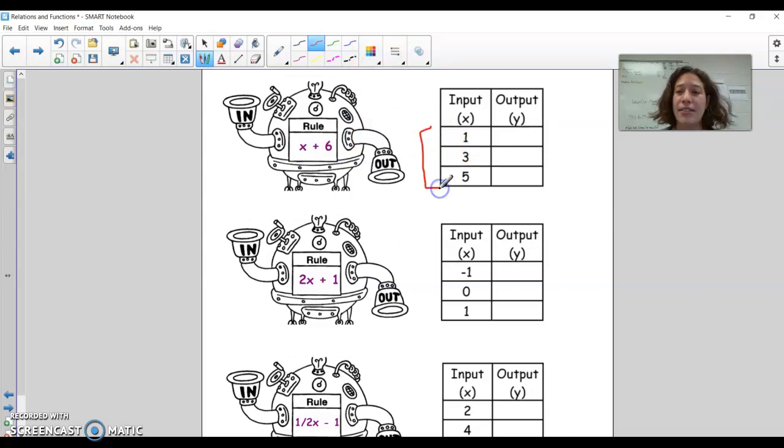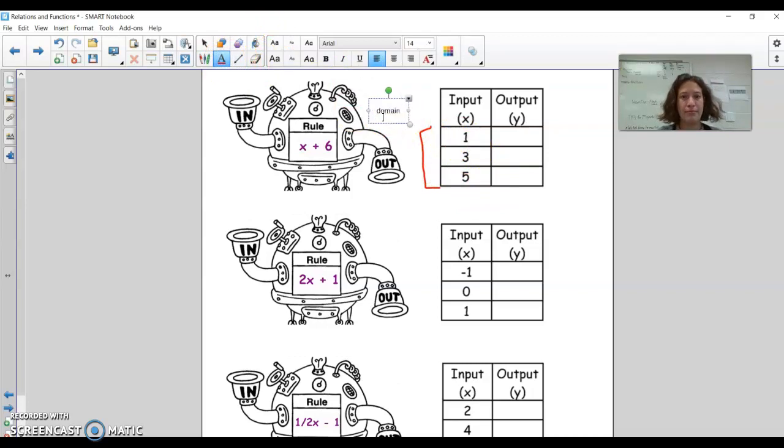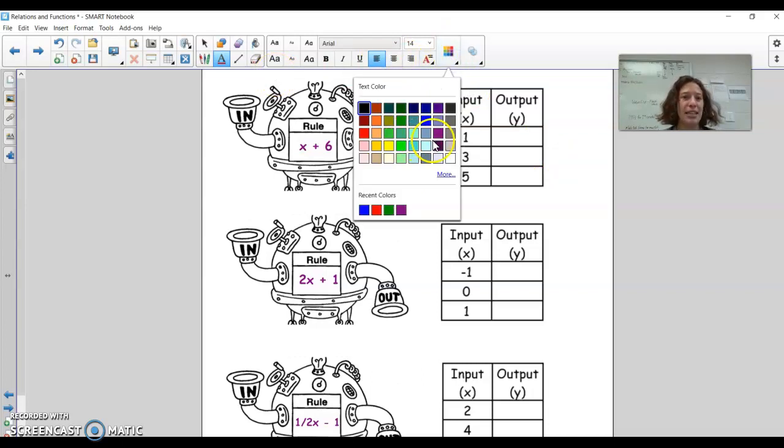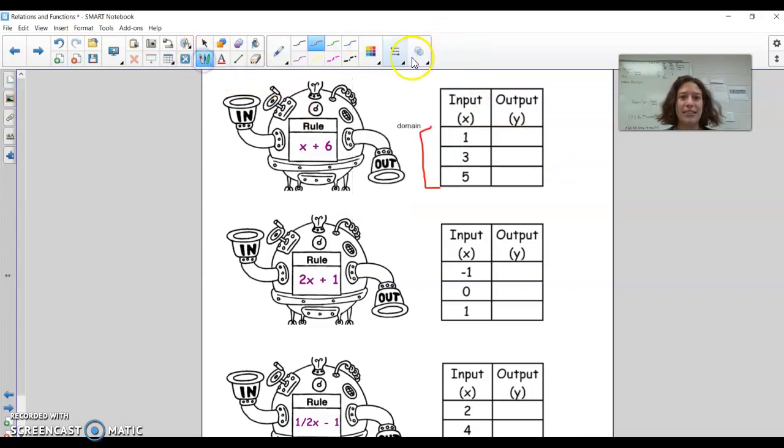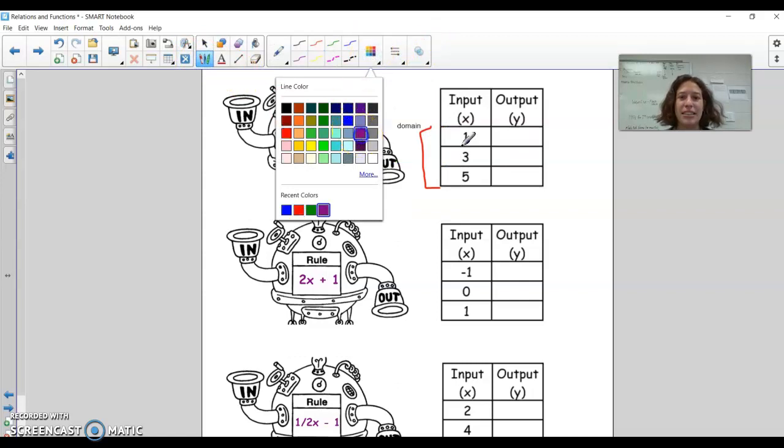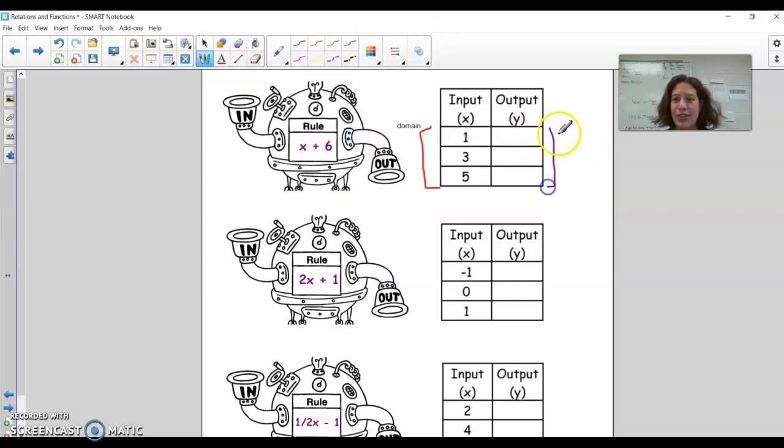These numbers, remember, are called our domain, right? And the numbers that pop out, what are those going to be, guys? Remember that word? What is it? Range. Good job. So the numbers that pop out are called the range. Okay.